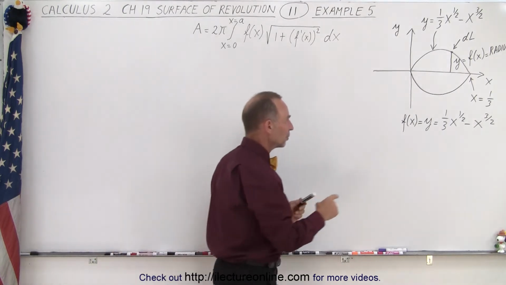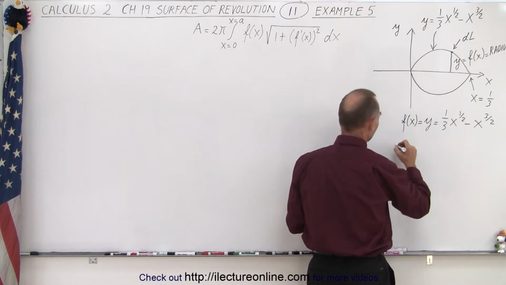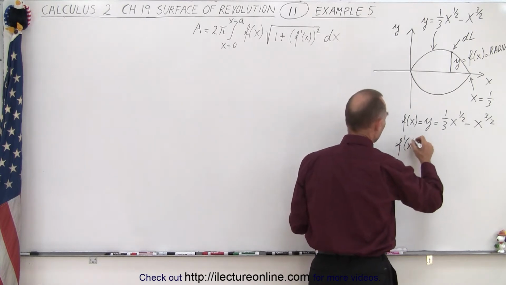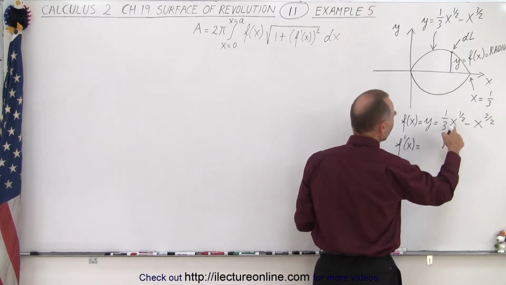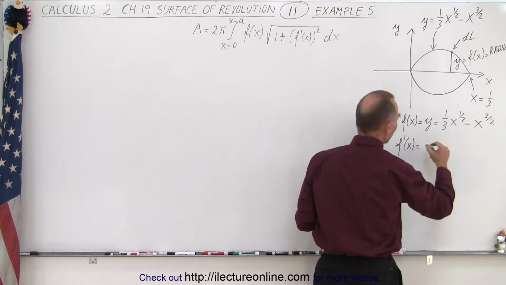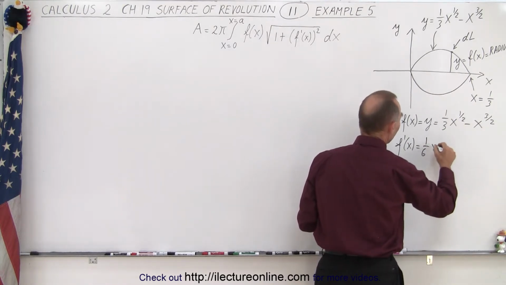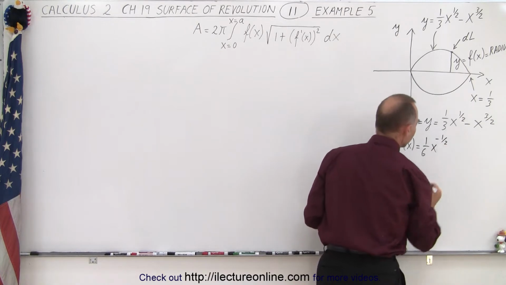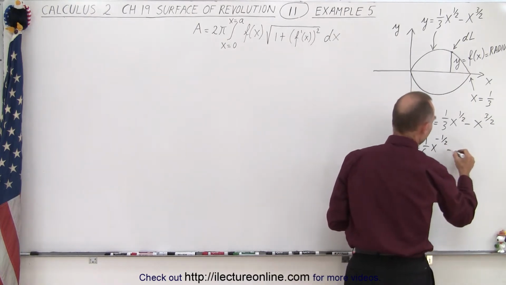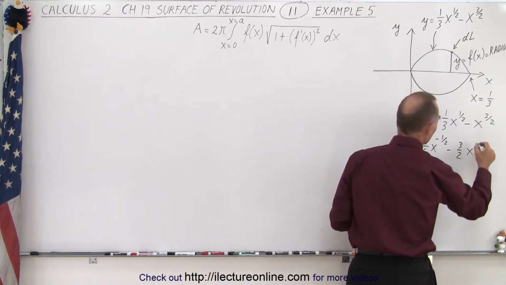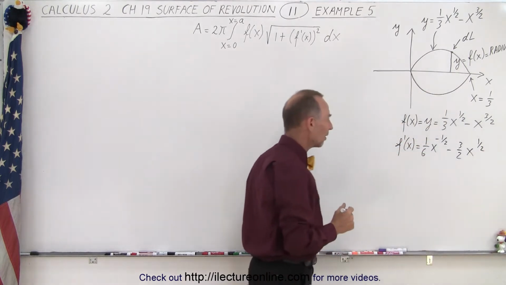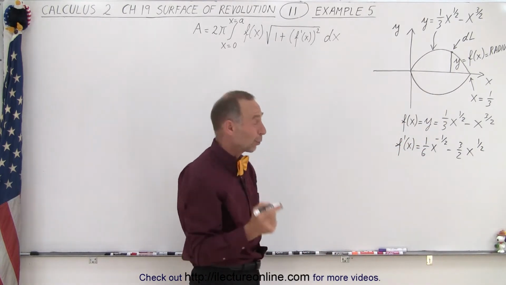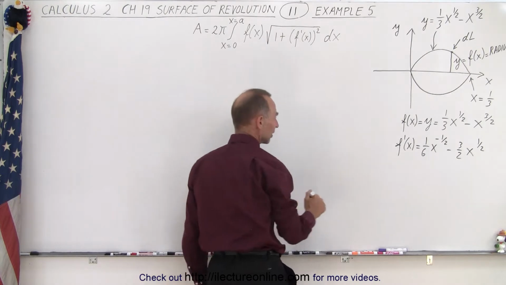So what we need now is to find the derivative of that function. So f prime of x is equal to 1/2 times 1/3, which is 1/6 x to the minus 1/2 power, minus 3/2 x to the 1/2 power. So that's the derivative. Now we need to square that because that needs to go in here, so it gets a little messy.